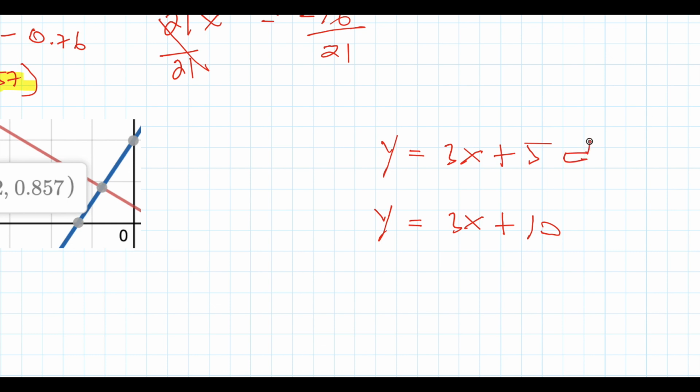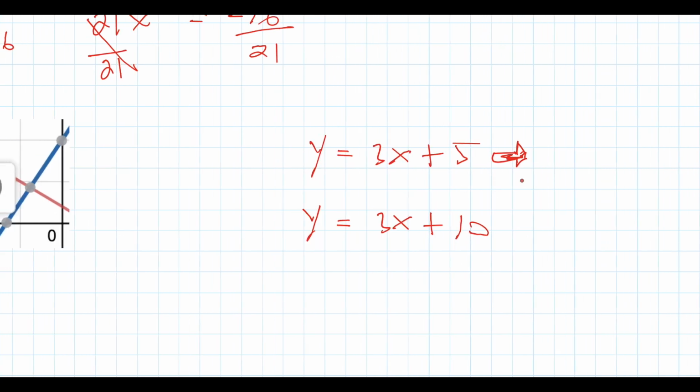All right, let's put both of these equations into standard form. Basically bring the 3x over here. So it's going to be negative 3x plus y equals 5, and the other one, negative 3x plus y equals 10.